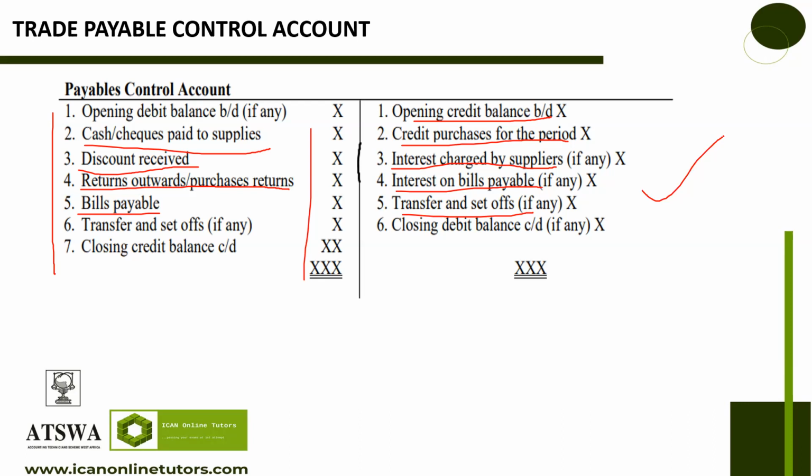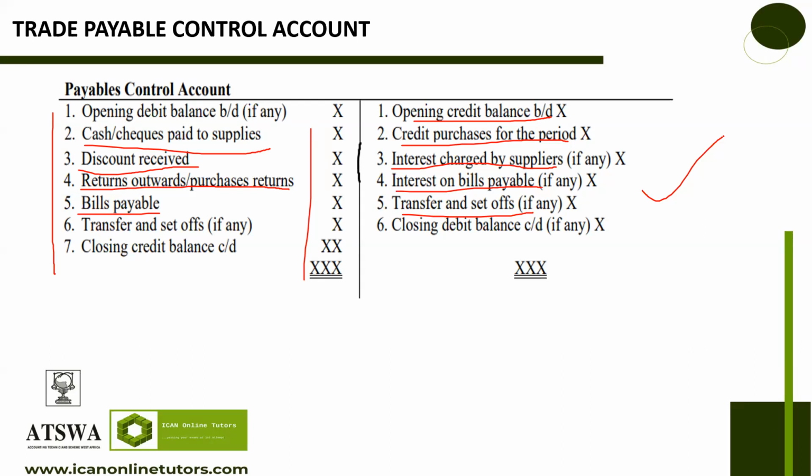If you make more purchases from your suppliers, it will increase it. Interest charged on goods that you buy, maybe they give a free period of 5 days, and if you don't pay after 5 days, they start charging you interest. Any interest they charge increases the amount that you owe them, so it will be on the credit side.